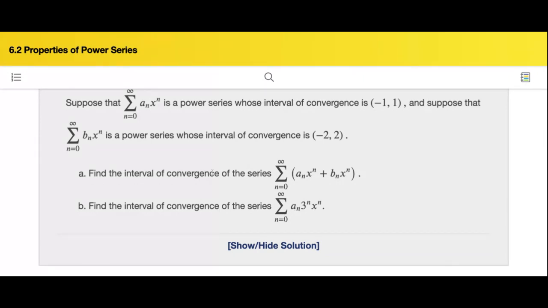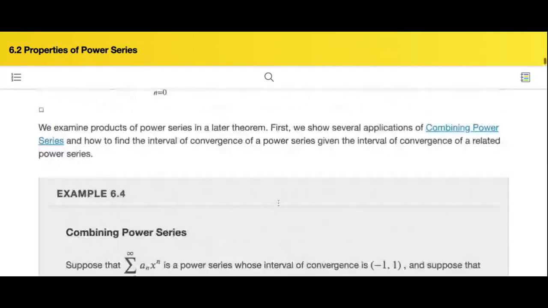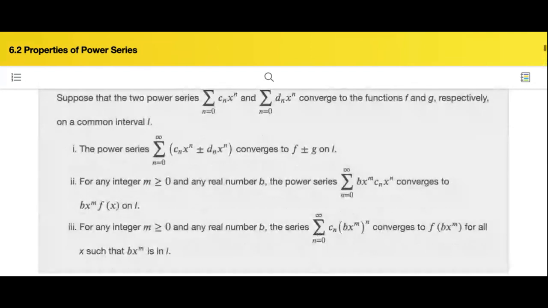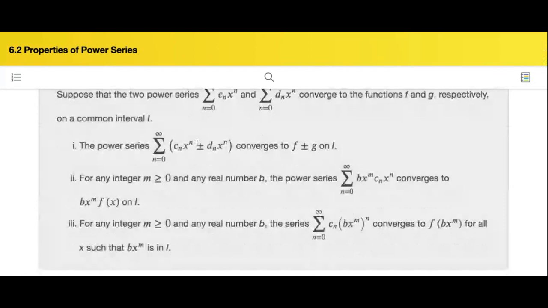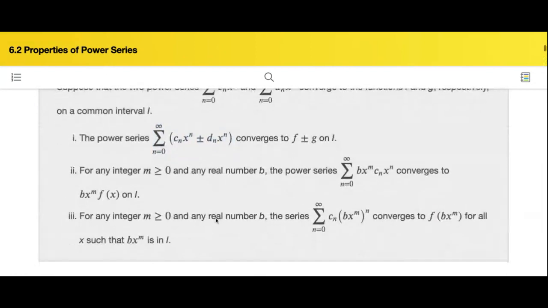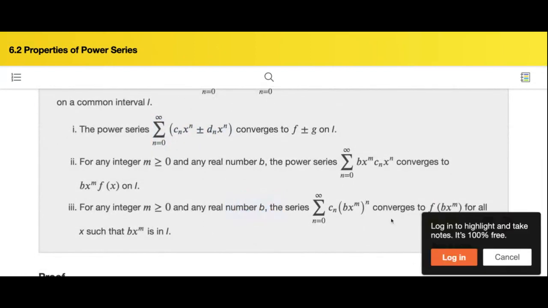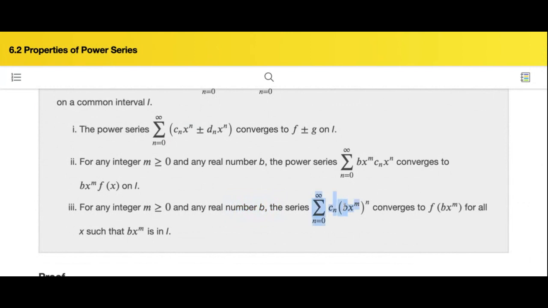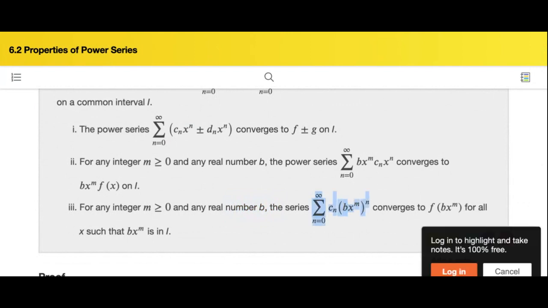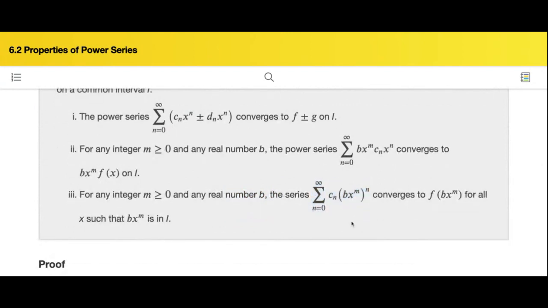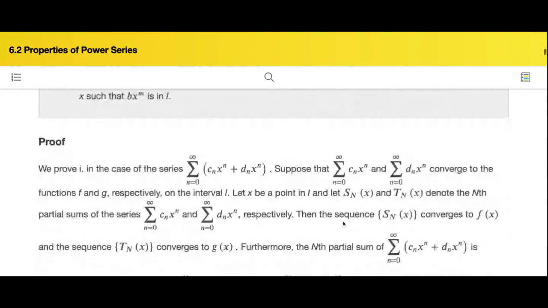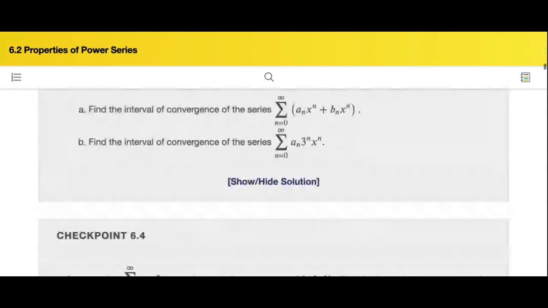So A is the first part, addition, and B is the third part: b x raised to m. In our case, b is 3, and x raised to m is just x. So x becomes 3x.